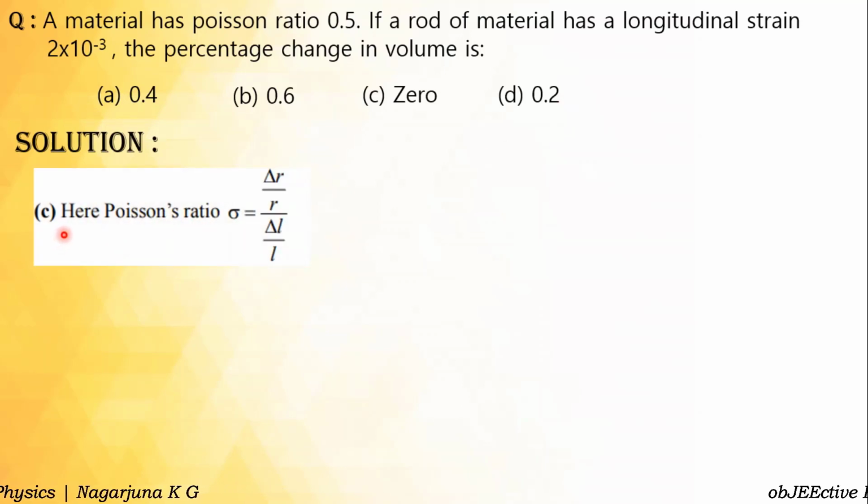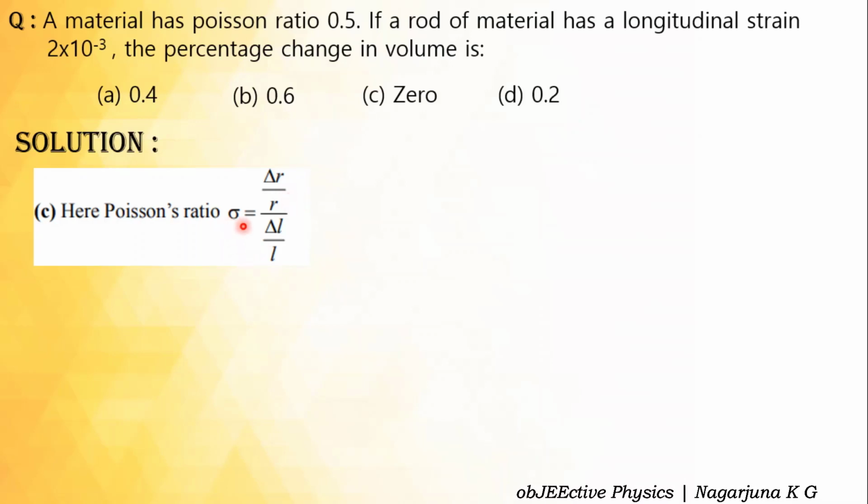We know that Poisson's ratio sigma is equal to lateral strain divided by longitudinal strain. Here, when a wire or any material is stretched or tries to increase its length, its diameter decreases. So sigma can be written as modulus of delta r by r, this is the decrease in radius with respect to original radius, called the lateral strain, divided by delta L by L, the longitudinal strain.